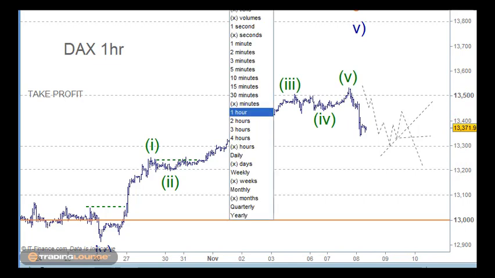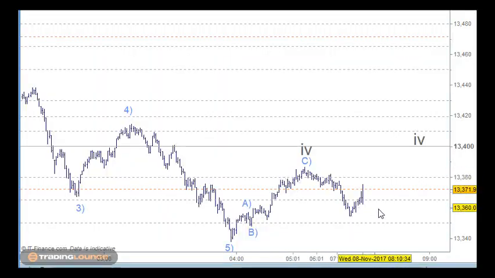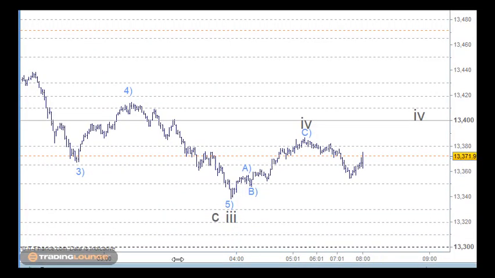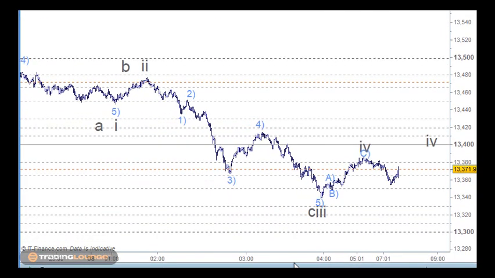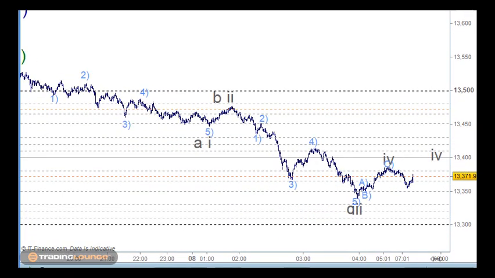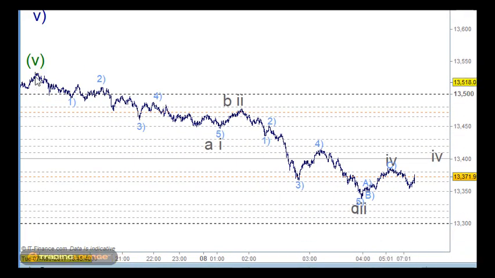From this area here, we can go into the tick chart and just have a look at this as well. So from the top, that's the top here, okay, so this fifth wave area, if that is the fifth wave here.